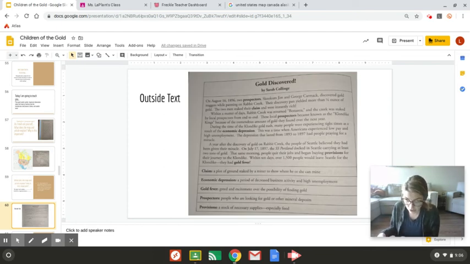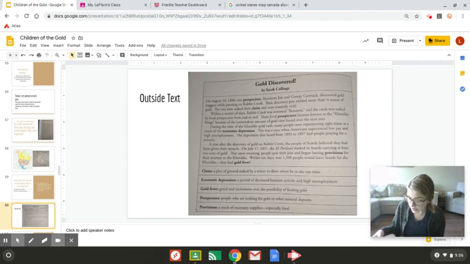During the time of the Klondike Gold Rush, many people were experiencing tight times as a result of economic depression. We'll come back to that. This was the time when Americans experienced low pay and high unemployment. The depression that lasted from 1893 to 1897 had people praying for a miracle. A year after the discovery of gold on Rabbit Creek, the people of Seattle believed they had been given that miracle.